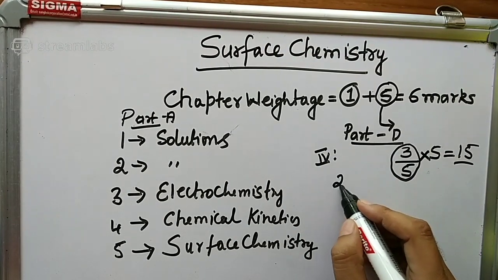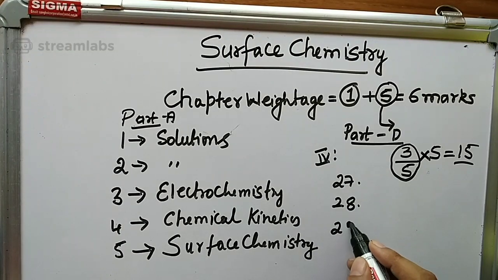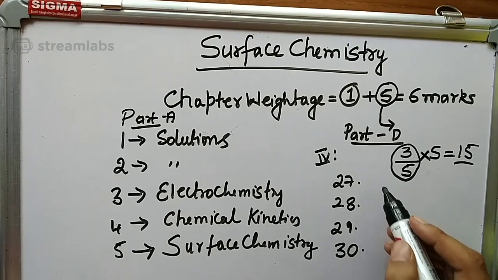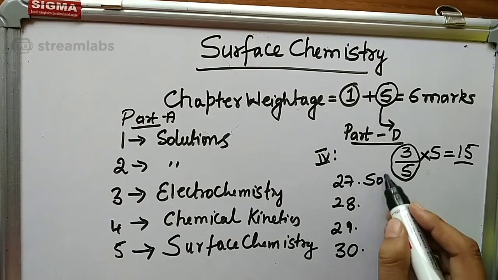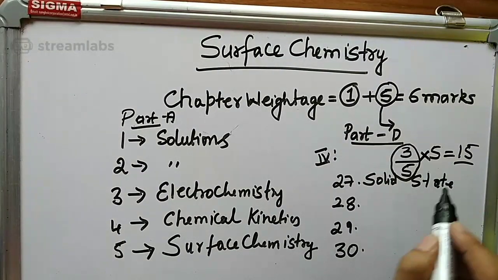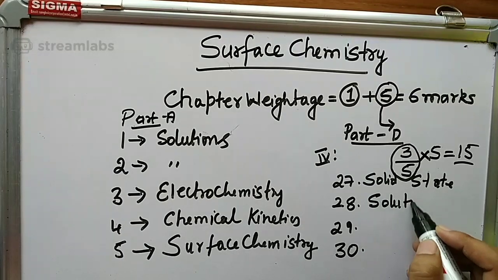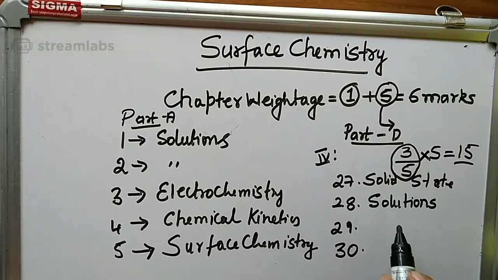So question number 27, question number 28, question number 29, question number 30. This is the last chapter in the physical chemistry that you are studying. This is from solid state. This will be from solution chapter, as I told you earlier, question number 28.